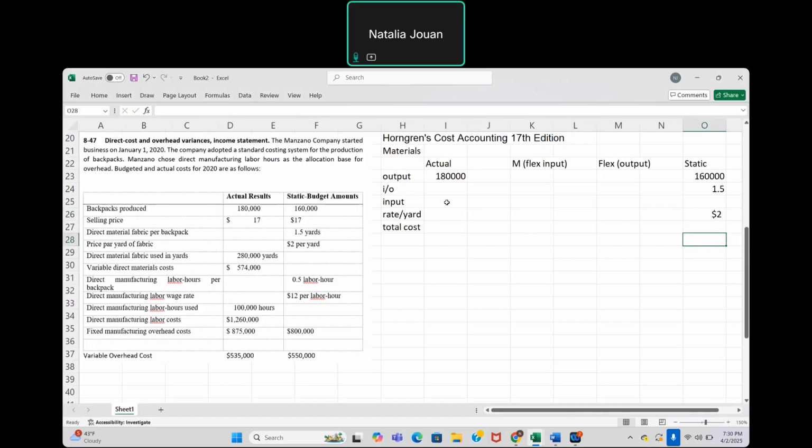So we're going to use the 280,000 yards that were actually used. Variable direct material cost. Okay, so this is not variable overhead. Remember, material is always a variable cost, so that's why it says variable here. Don't be thrown off by the word variable. It's not variable overhead, it's still materials. Okay, 574.